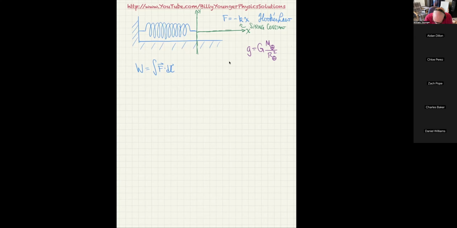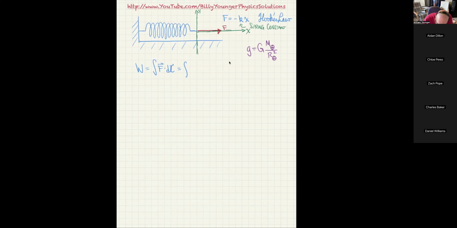In this case, we're going to say work is equal to the integral of the force dotted with dl. This is a variable force, so we actually have to do the integral. And what I'm going to do is I'm going to imagine applying a force to this spring. I'll take this color. I'm going to apply a force to the spring.